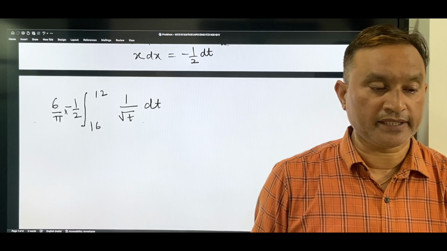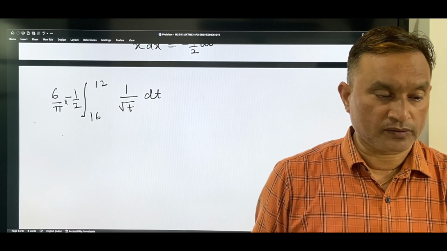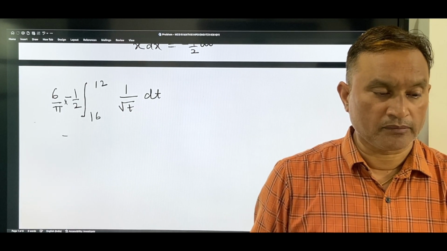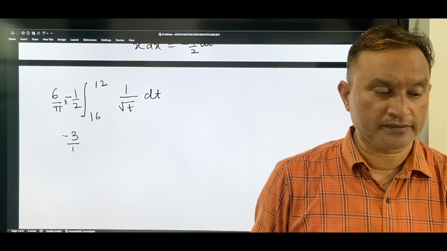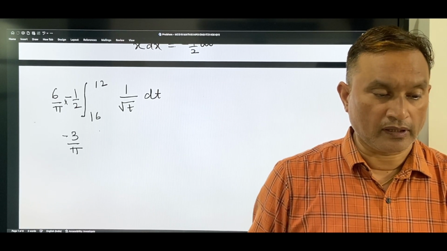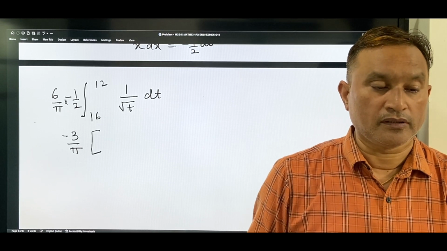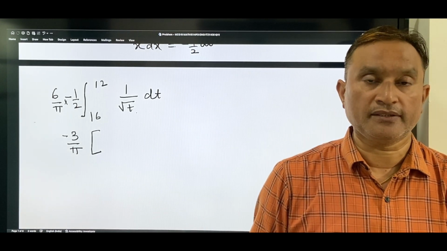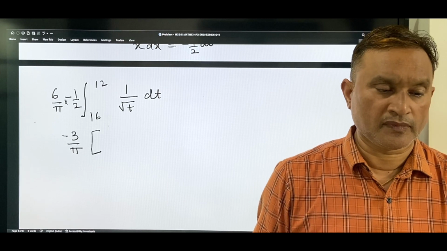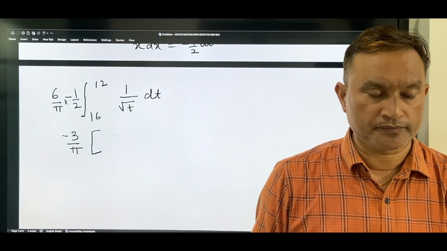Now we will integrate. So this will become minus 3 upon pi, and here 1 upon root t we will integrate.